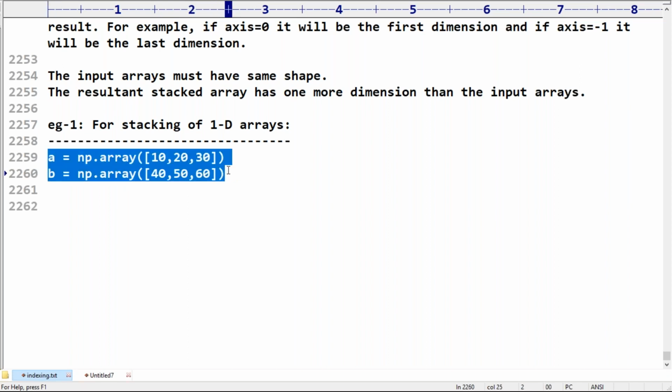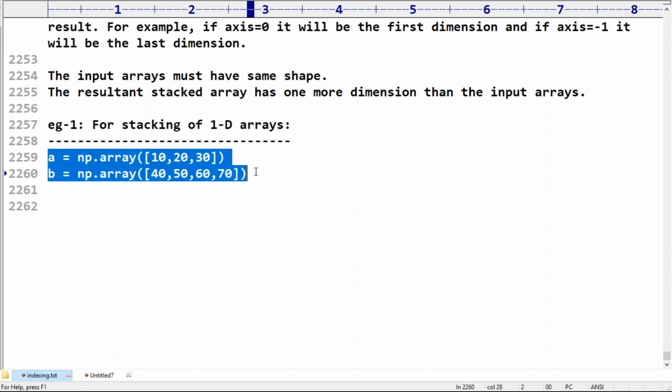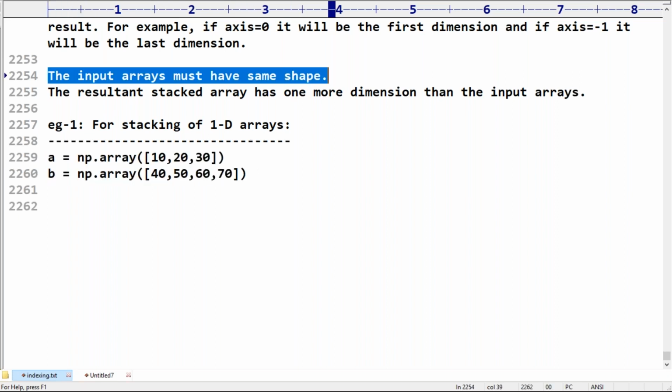Is it possible to use the stack mechanism for this or not? Yes. Anyway, if I take a different shape, what will happen? In the documentation, it is not my own statement. They said it is compulsory that both arrays have the same shape. If the same shape is not there, then maybe there is a problem.